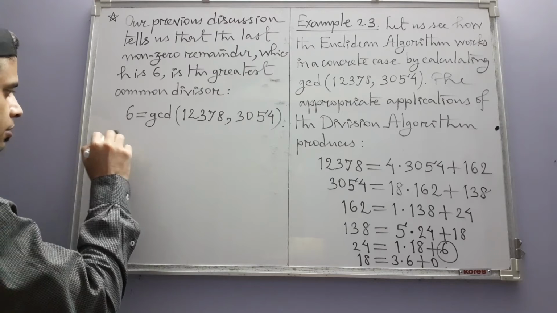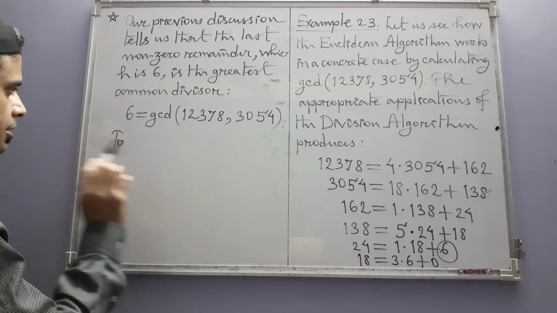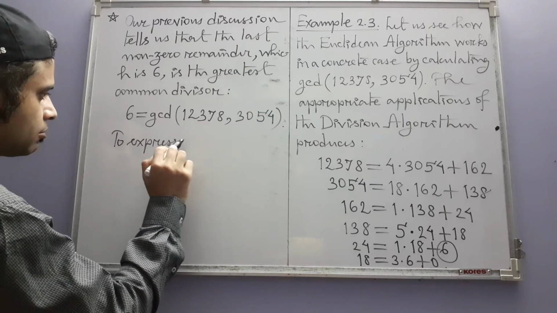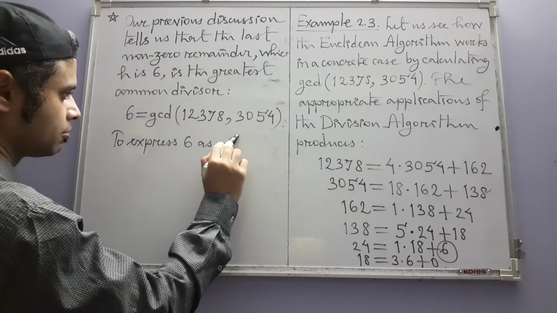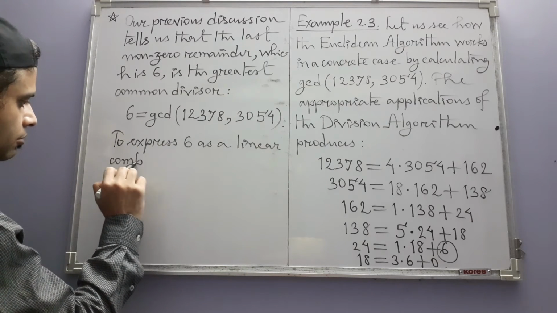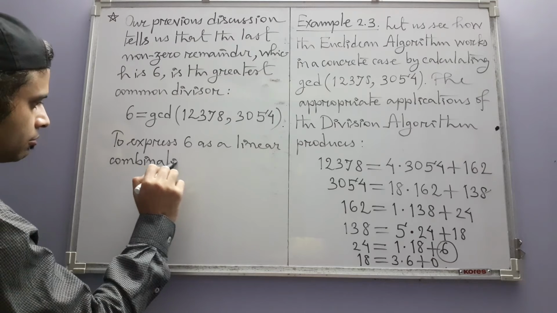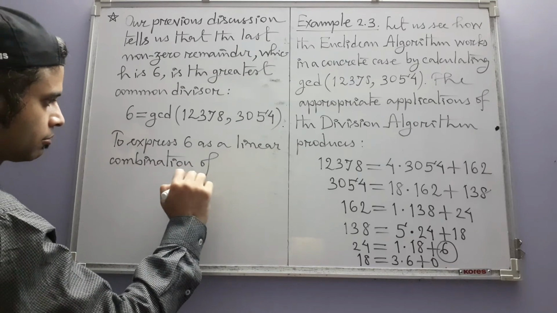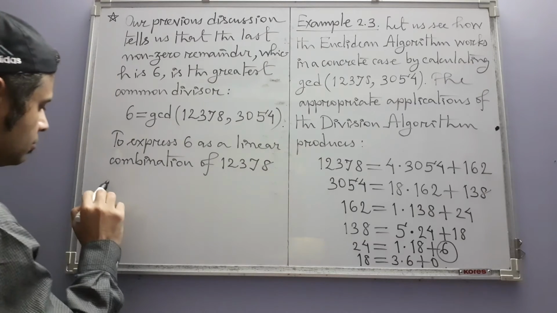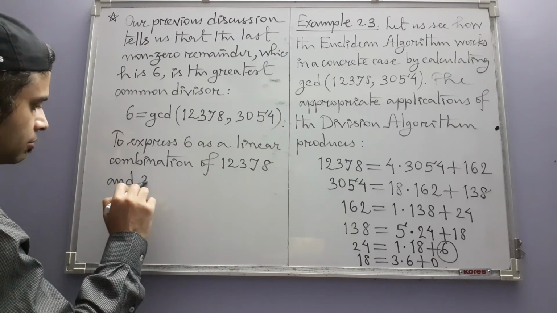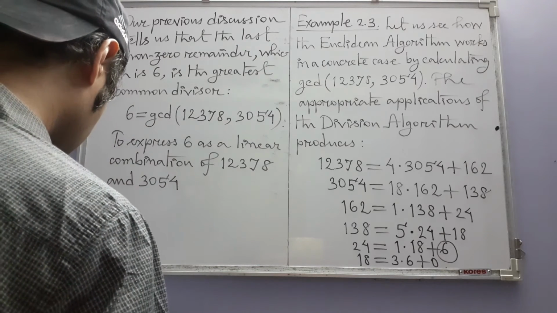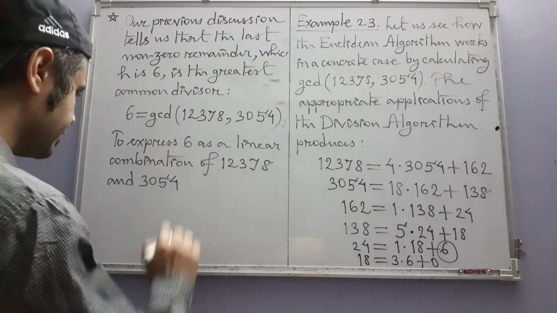Okay, now next we come to expressing 6 as a linear combination. We start with no need to again write those things.